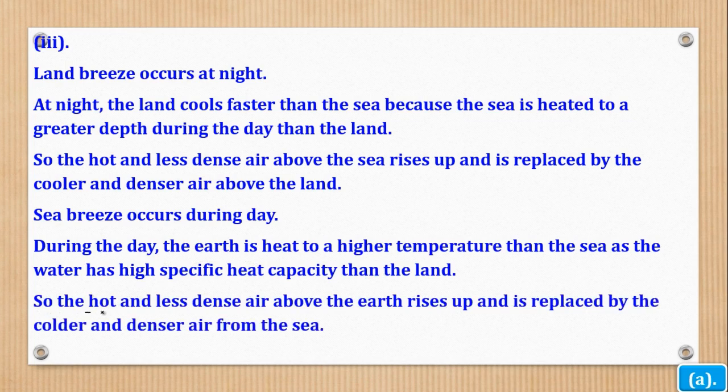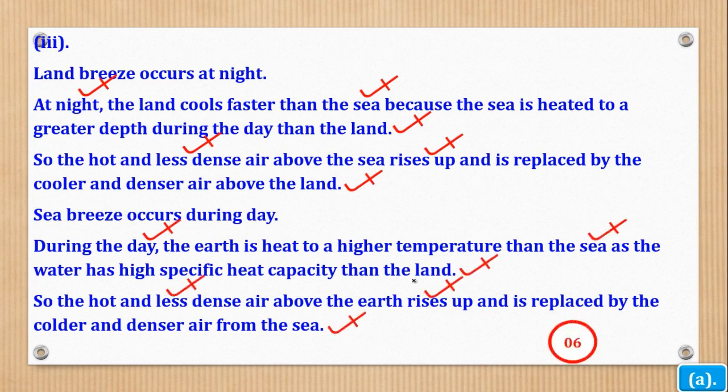As a result, the hot and less dense air above the land rises up and is replaced by the colder and denser air from the sea. So that is how the marks would be awarded.